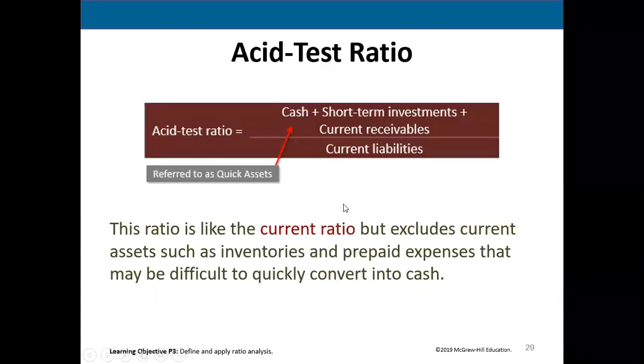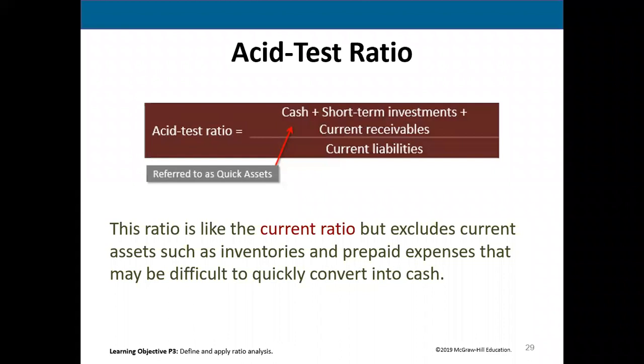Now, the current ratio looks at all current assets. Now we're going to start drilling down and taking some assets out of current assets because not all of them are really liquid. So the acid test ratio, don't ask, I don't know where they get that from, we call it the quick ratio. We're only going to include in our numerator current assets that are really liquid, meaning they're going to be converted to cash really quickly.